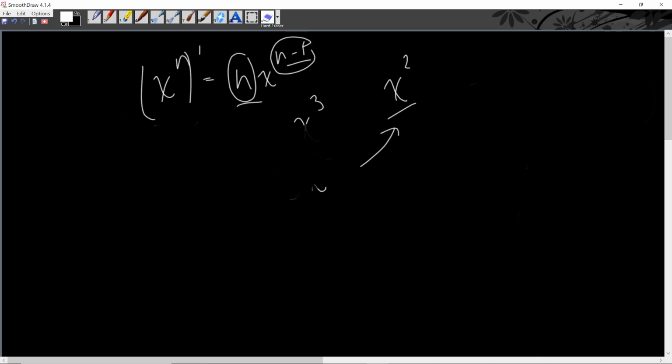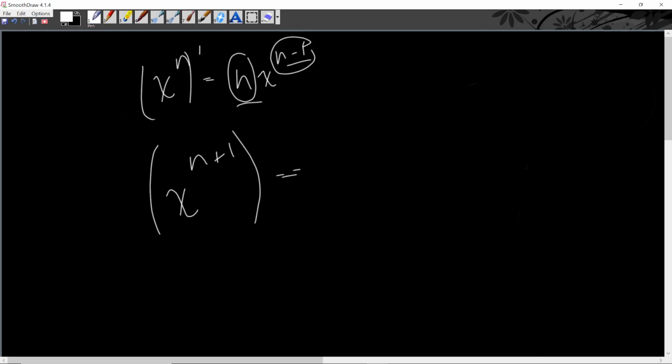So every derivative of a function is going to be a multiple of a function that is a degree less than that function. So the derivative of x to the n plus 1 should be some multiple of x to the power of n, right?